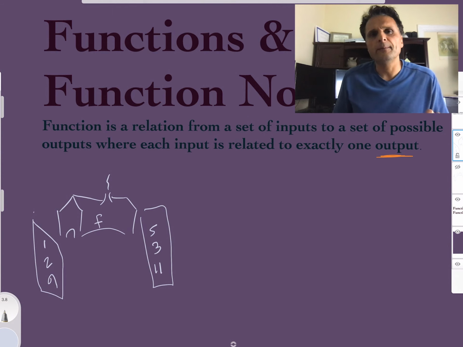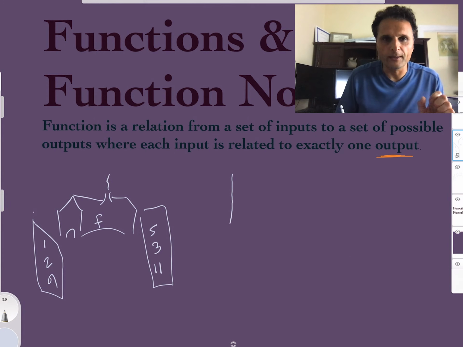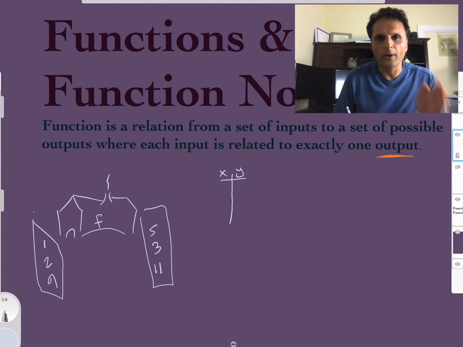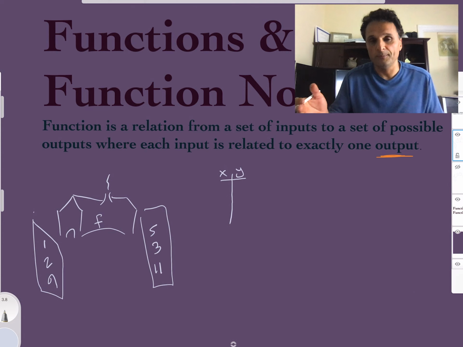I also made the example that we can show a function through a table. Instead of making a factory, we can make it to x and y. I label it x and y. You can label it a and b or whatever you like, as long as one of them should be independent and the other side should be dependent.